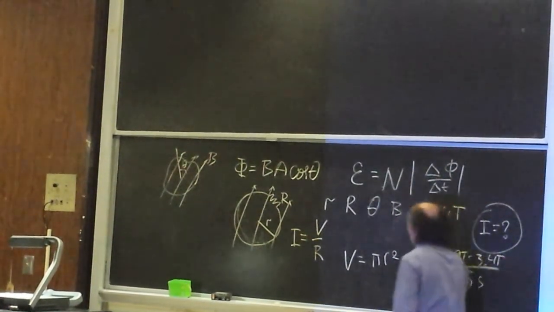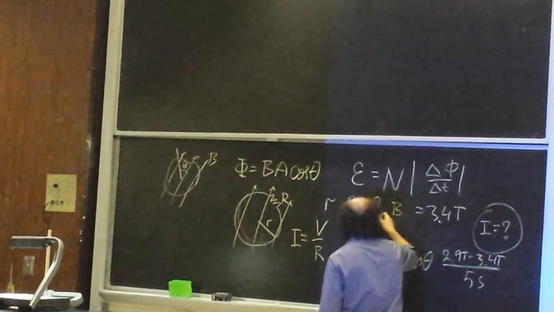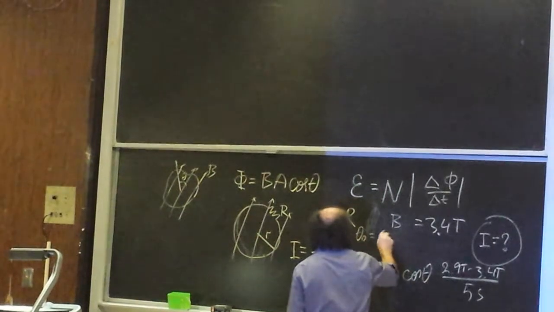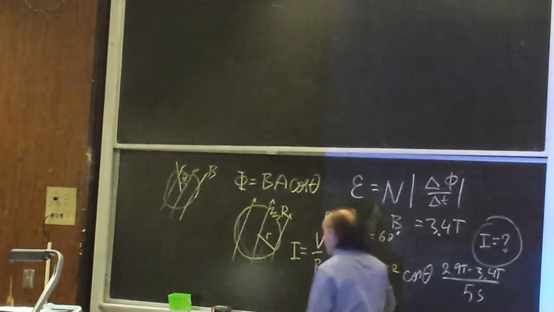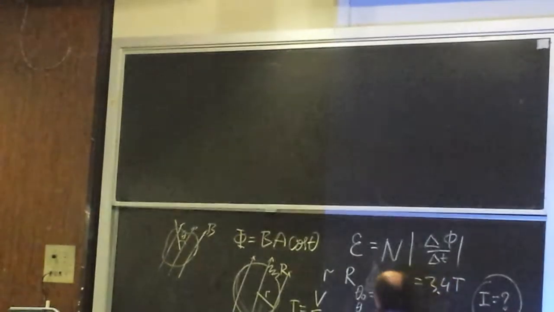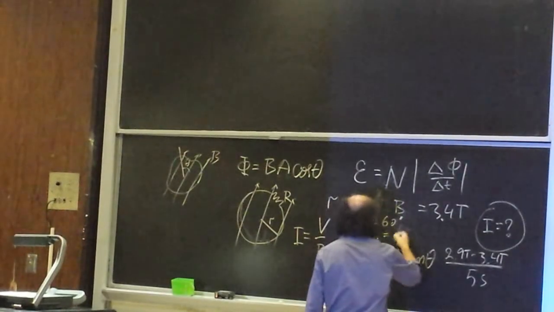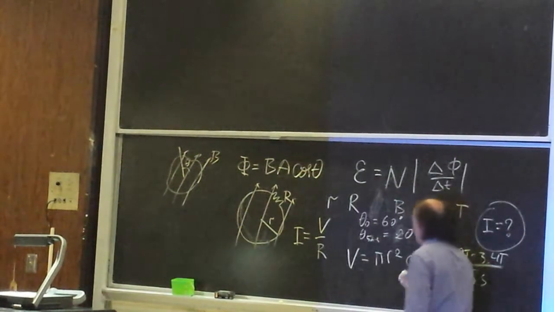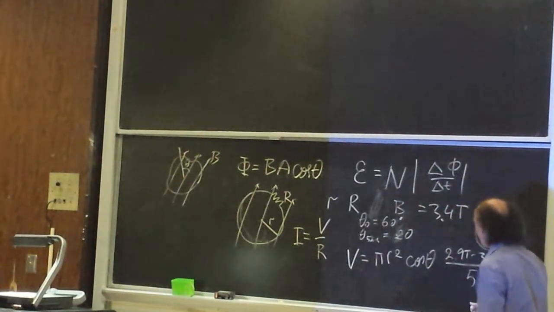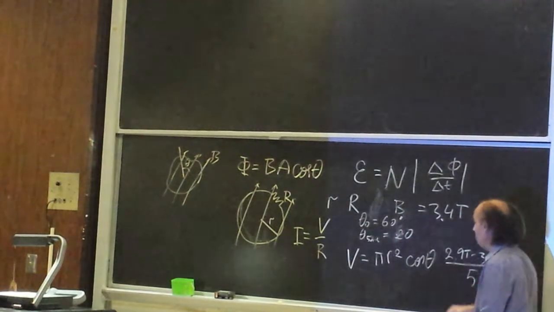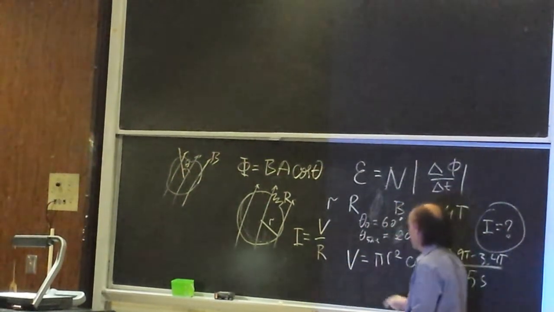Suppose theta initially is 60 degrees, and theta after 5 milliseconds is 20 degrees. In 5 milliseconds it changes by 40 degrees. What would be, again, the current?